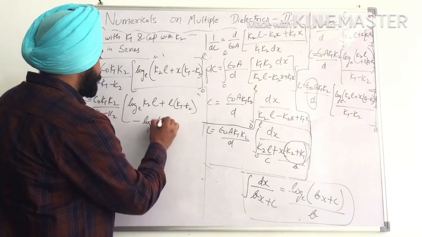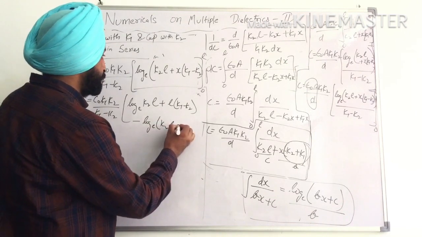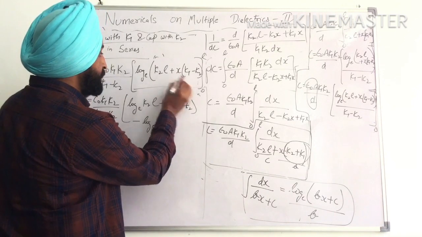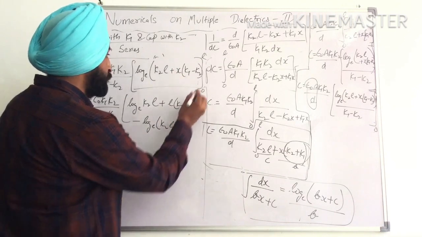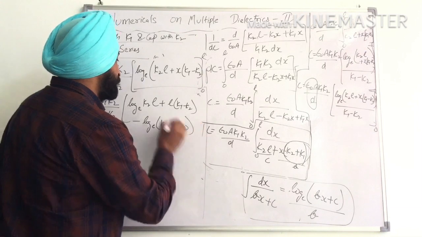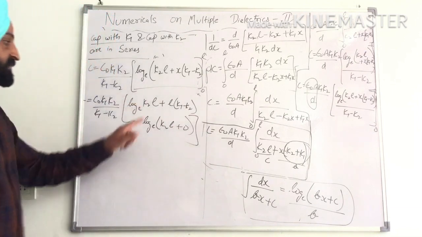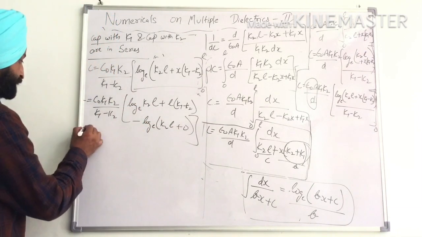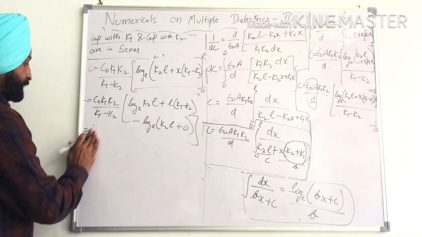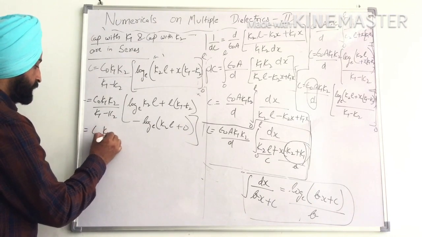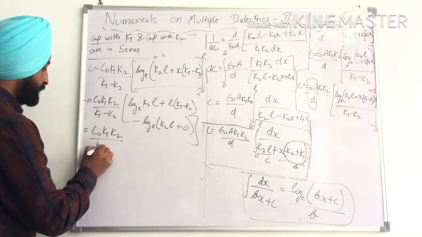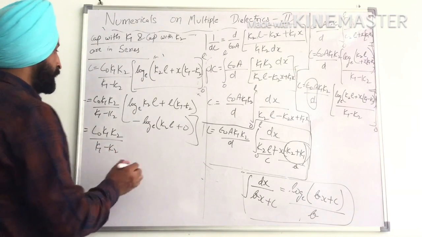It will be K2L. Here instead of x we will be substituting the value 0 and this entire value will become 0. So this is our upper limit minus lower limit. It will be C naught K1 K2 by K1 minus K2.